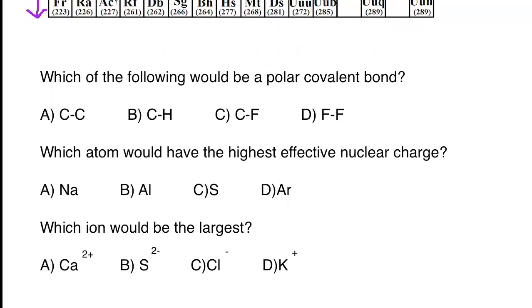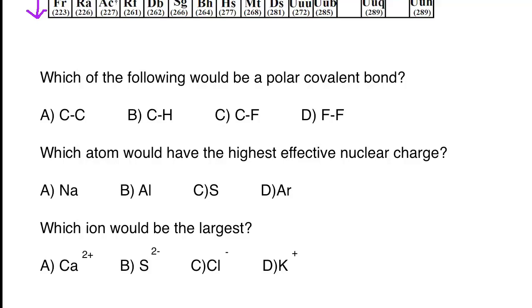Okay, so here are some questions. The first one says, which of the following would be a polar covalent bond? So keep in mind, you're going to need to understand electronegativity in order to answer this question. Which atom would have the highest effective nuclear charge out of that bunch?